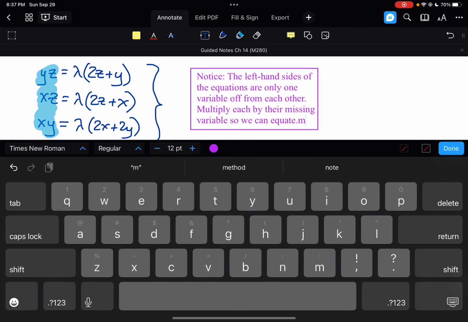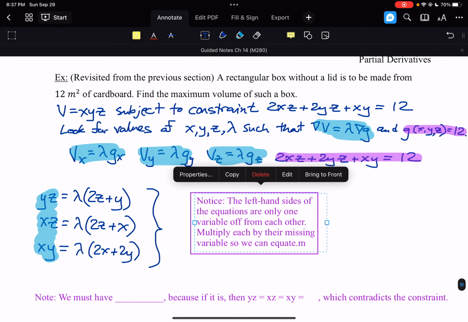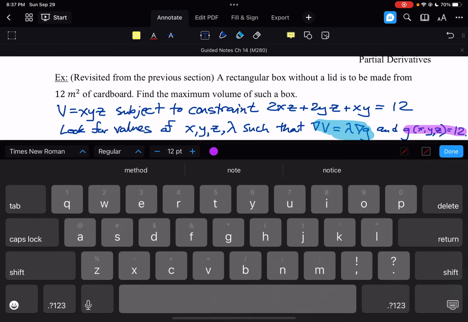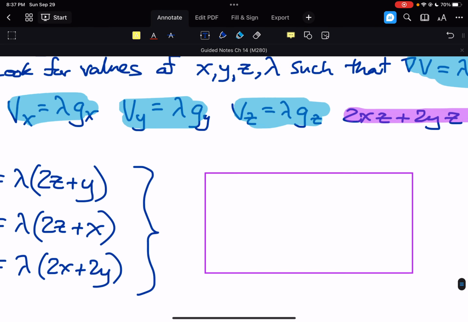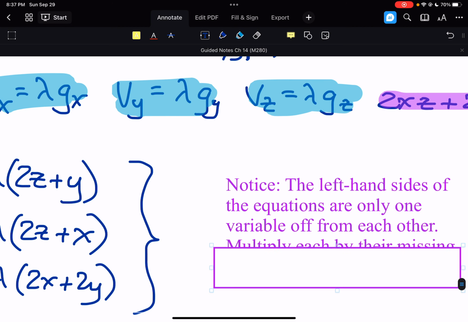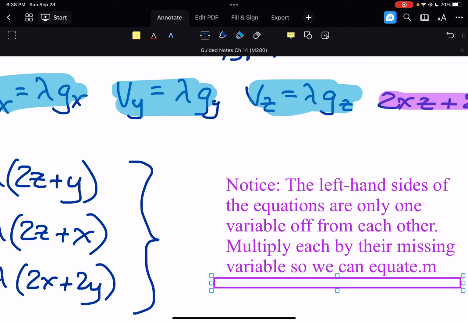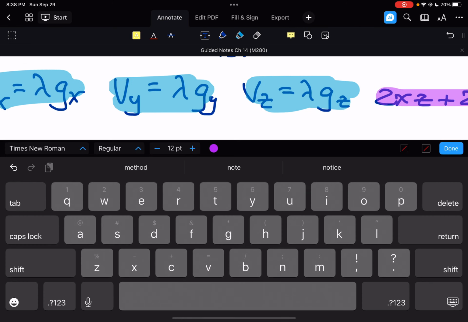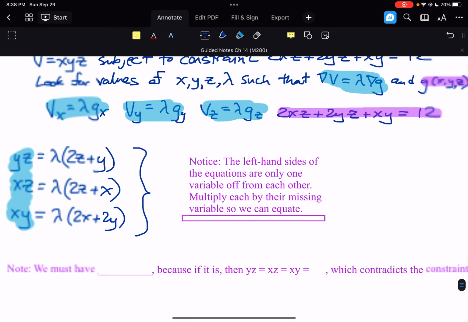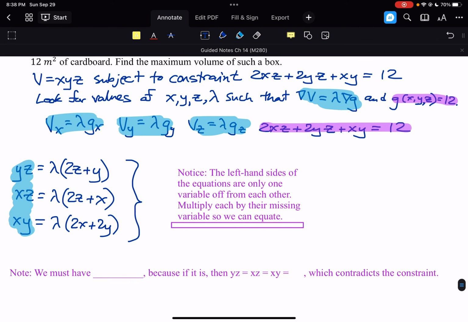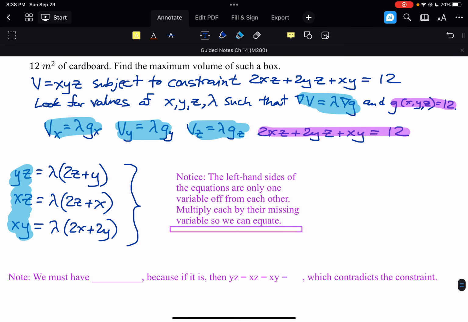Okay, so notice the left-hand sides of the equations are only one variable off from each other. Multiply each by their missing variable so we can equate. So this first left-hand side is missing an x, so I'm going to multiply the whole equation by x.